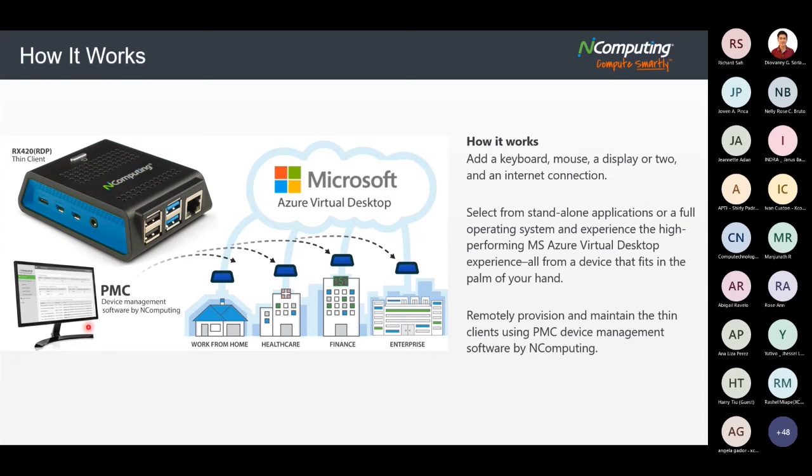As long as your AVD is properly configured, it's out of the box with minor configuration, and it will work seamlessly with AVD. Together with our Pi Management Center, or PMC, which manages the device, this would really bring a lot of benefit to organizations, especially the IT.